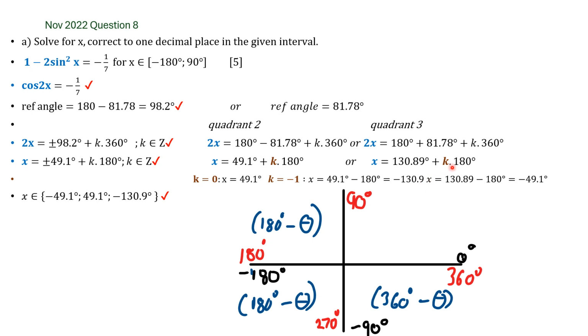Right? Negative 180 plus 130,9 would give me negative 49,1. So there I have 49,1, negative 49,1, and minus 130,9. So I get the same three angles. So hope you follow, hope you understand. Let's go to the next problem.